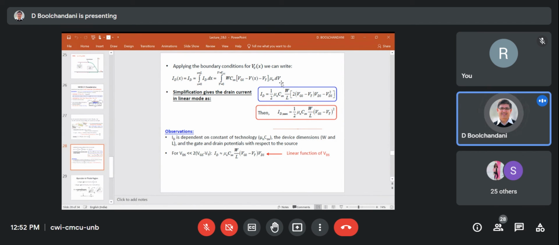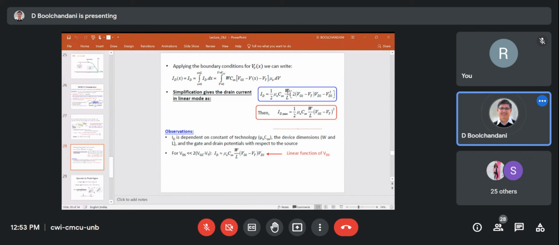If you integrate it, ID times L equals half W COX mu, and VGS minus VT gets multiplied by V. If you integrate and apply the boundary conditions, this is the value you get.